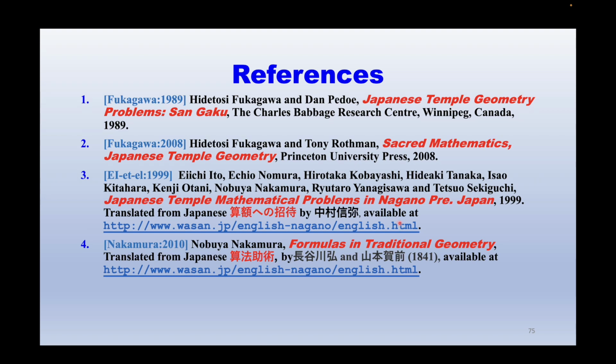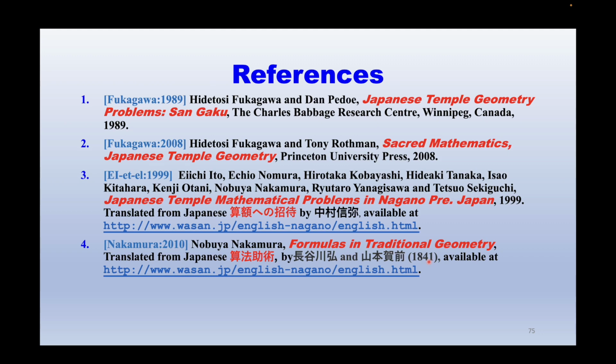So the link here is for the English site. There is a book translated from Japanese. It's called Japanese Sangaku Mathematical Problems in Nagano Prefecture, Japan, published in 1999. And there is another very interesting one, Formulas in Traditional Geometry, published in 1841, more than 100 years ago.